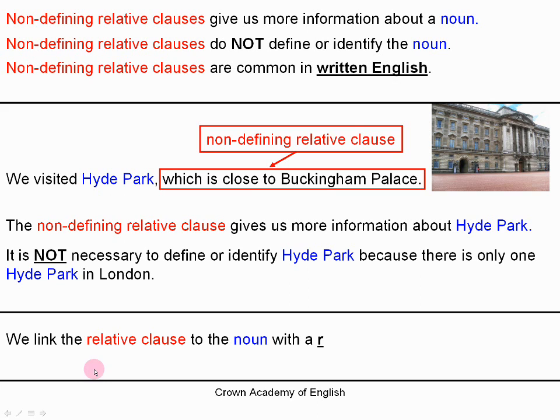And as always, we link the relative clause to the noun with a relative pronoun. So in this example, the relative pronoun is "which," the word which. And this links the relative clause here to the noun here. Okay?